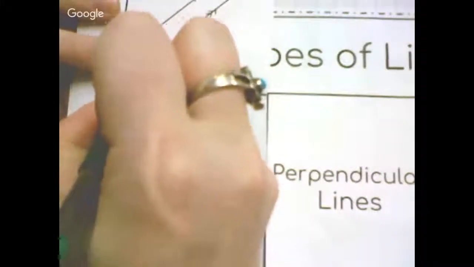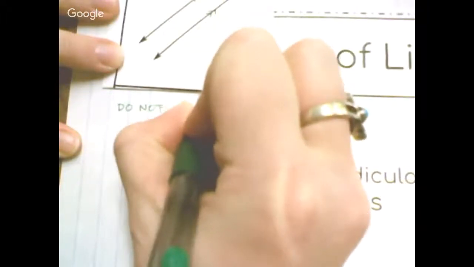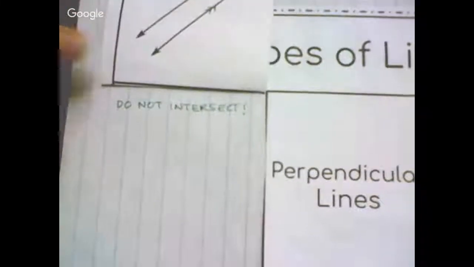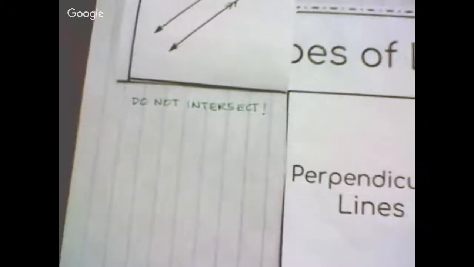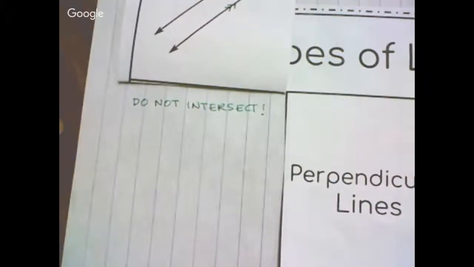So these are lines that do not intersect. Which means they're rising and running at the same rate.